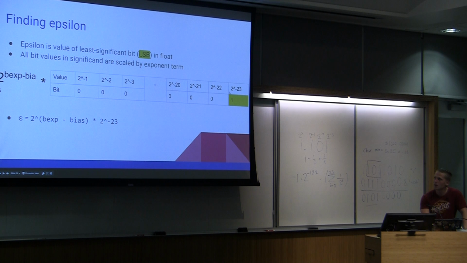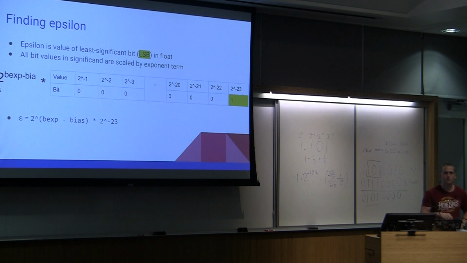So to compute the value of epsilon, which is just the value of this yellow digit, I multiply my exponent term, 2 raised to the biased exponent minus the bias, so 2 to the effective exponent, times 2 to the negative 23rd, because that's the original value of this column before I had an exponent.